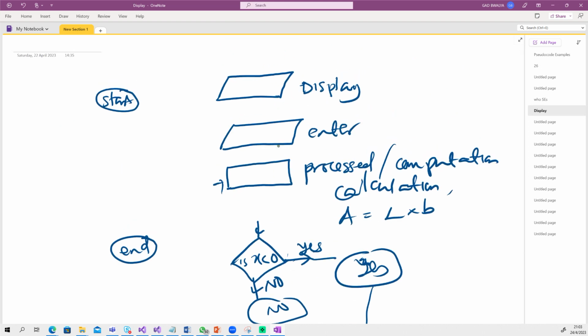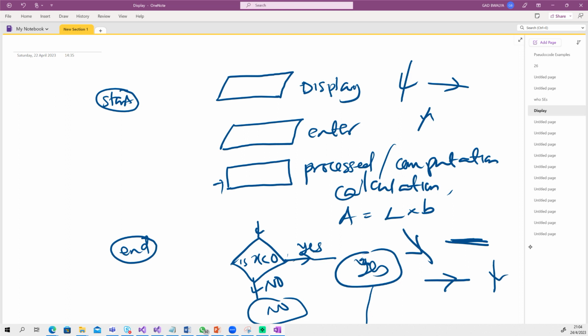There will always be lines like this, showing you that the next step after this is this. But like we said, these lines are never slanting. They should always be horizontal or vertical like this.